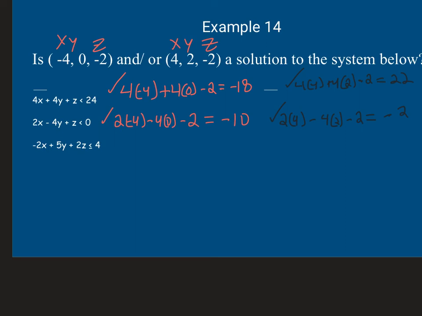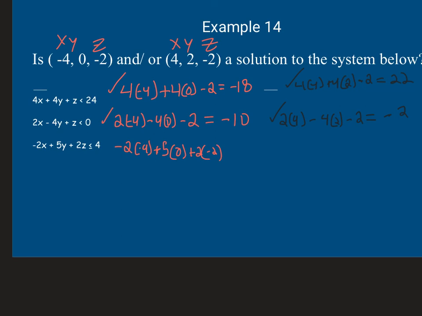So I've got negative 2x plus 5y plus 2z is less than or equal to 4. In order for it to work out, it either has to be less than 4 or equal to 4. So I've got negative 2 times negative 4, plus 5 times 0, plus 2 times negative 2.